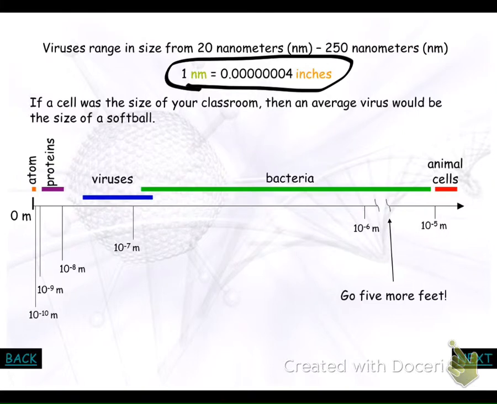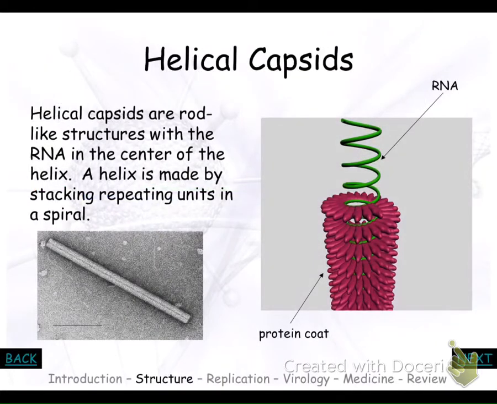And we can see that animal cells are on the right-hand side of this range, and they're rather large. And so we could go then to bacteria, and most bacteria are orders of magnitude bigger than viruses. And then we have viruses, and at the very small end, we have atoms and we have proteins.